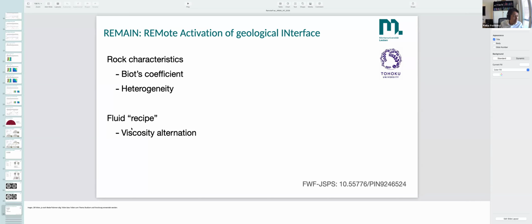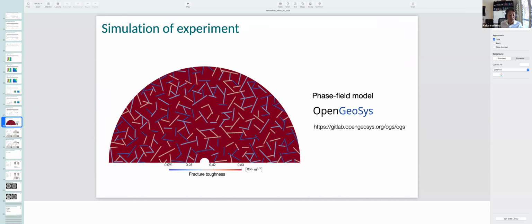Yeah, thank you for the questions. First, for how we treated pre-existing fissures: no, we did not assign phase field 1 or 0 in our case. Those pre-existing features have no damage.